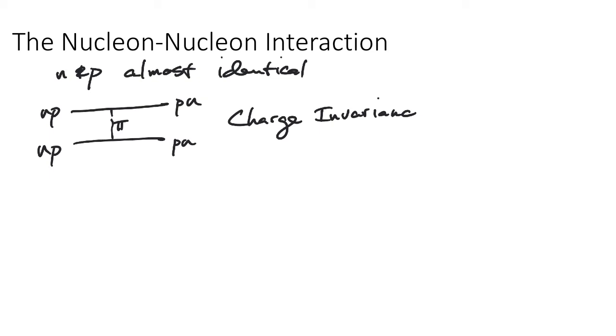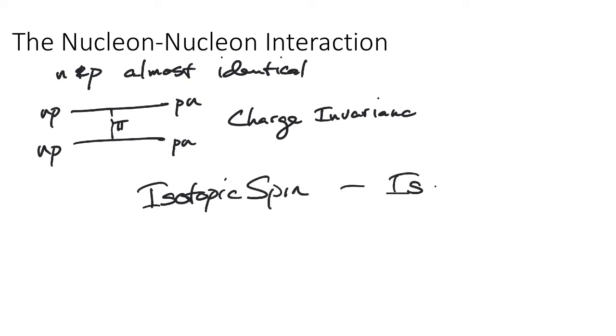So in this analogy, we want to make neutron and proton 2 different types of the same particle. And since there are 2 of them, we think that should be like a spin 1/2. And in fact, we're going to come up with something called isotopic spin, or isospin, to describe this.